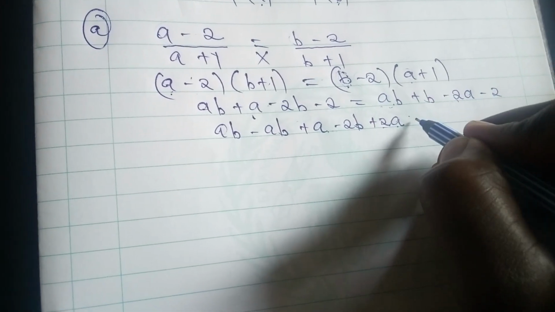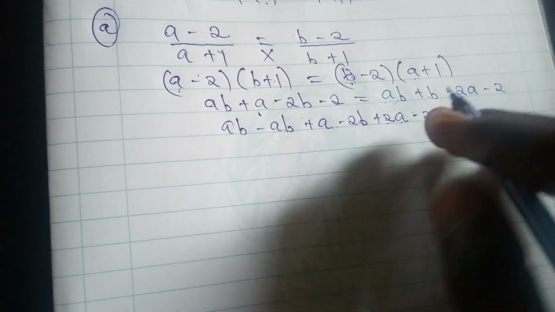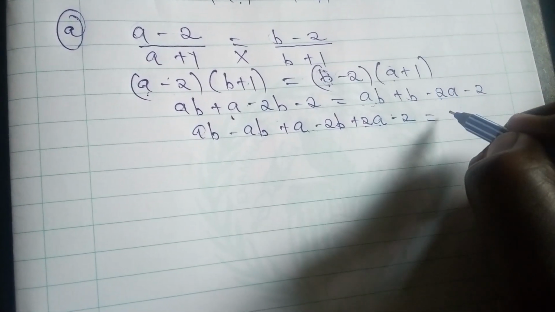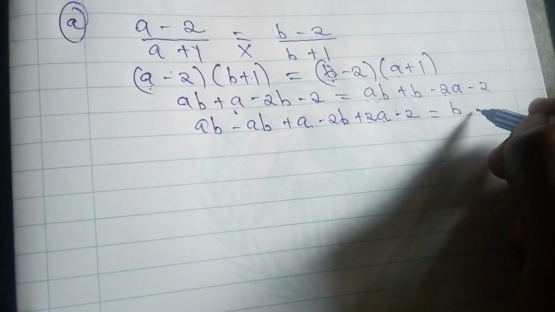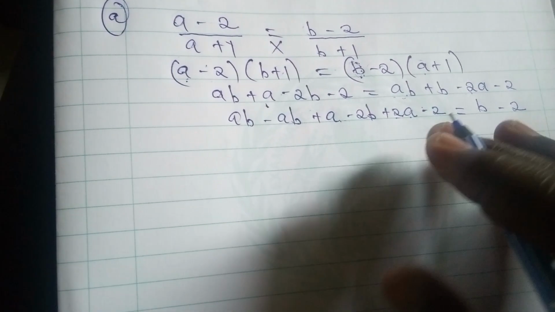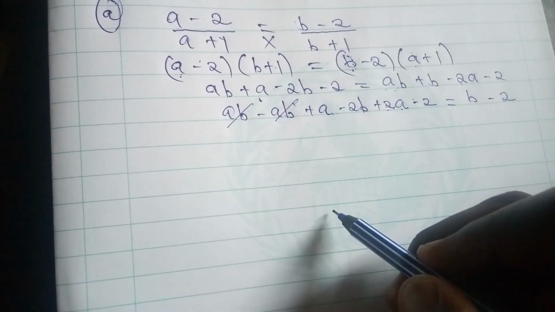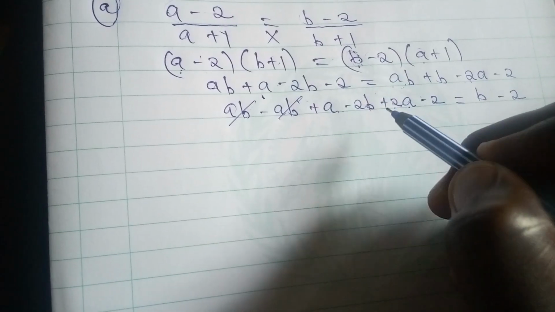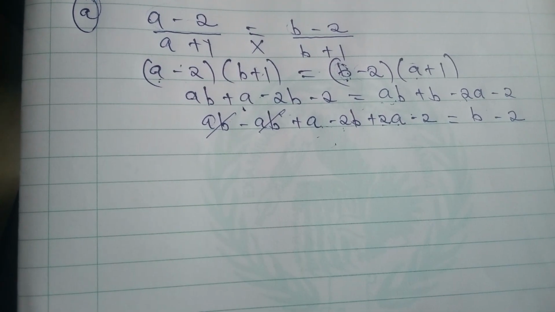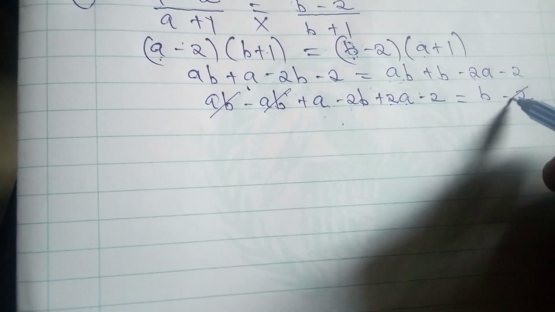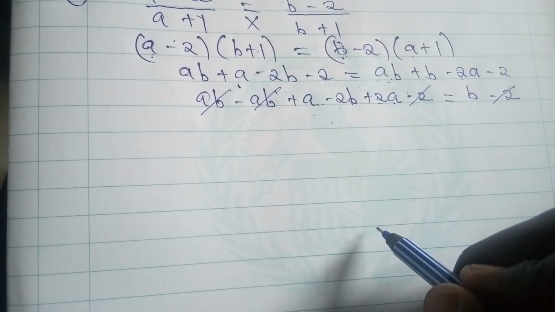So that is negative 2 is equal to what? There you are remaining with b, and then minus 2. So this one cancels with that one, and also the positive and negative 2 is going to cancel with that one. The reason is very simple.